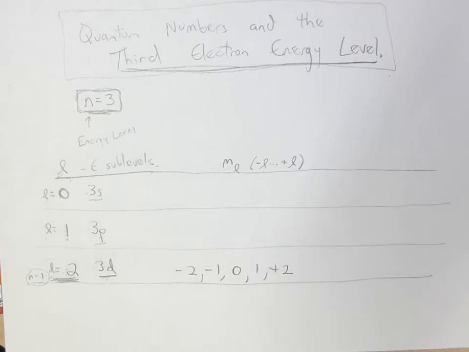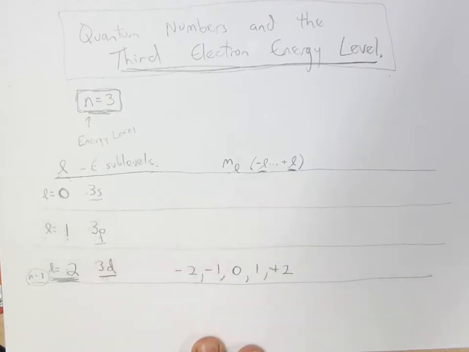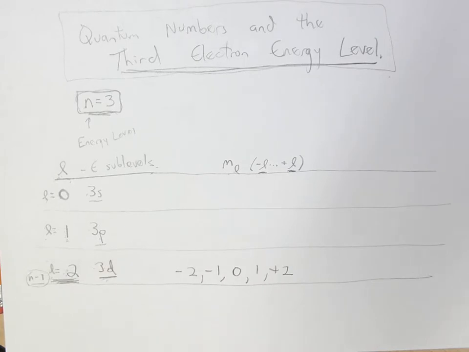They've sort of simplified the solutions to the Schrödinger equation to the quantum numbers, and if you didn't solve the Schrödinger equation and organize the solutions, then you might have difficulty understanding why this crazy minus L to plus L limitation for m sub L. But again, you don't have to understand it to work with it.